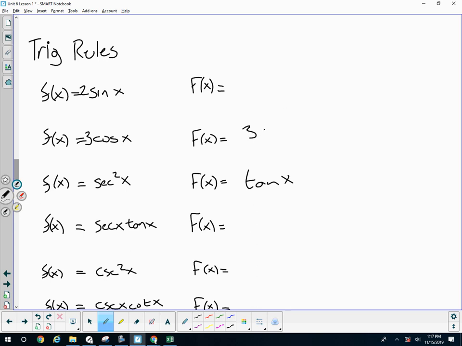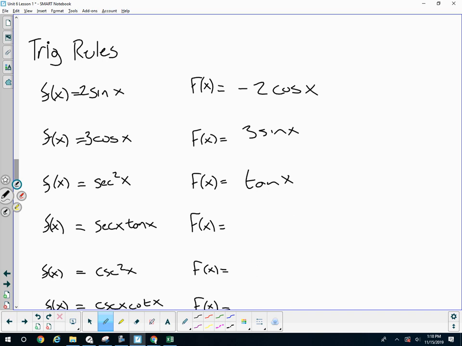I'll have 3 sine x. All right, what's the antiderivative of 2 sine x? Exactly. Negative 2 cos x, or 2 times negative cos x, because the derivative of cosine is negative sine.